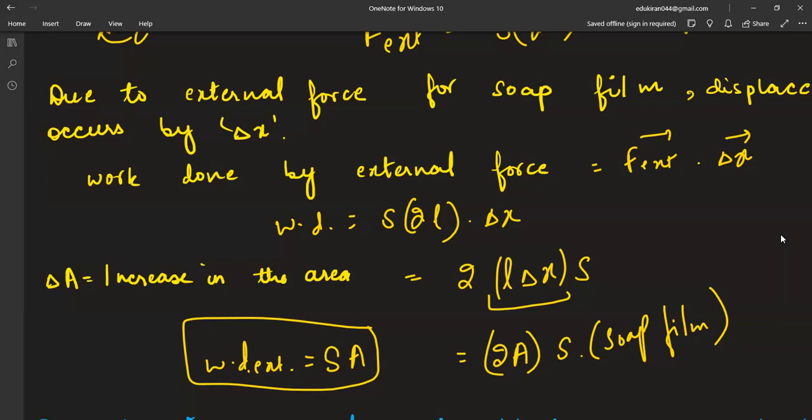Ma'am, here S is surface tension, right? Yes, yes, surface tension. Okay.